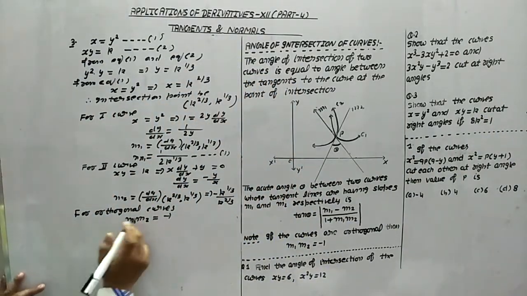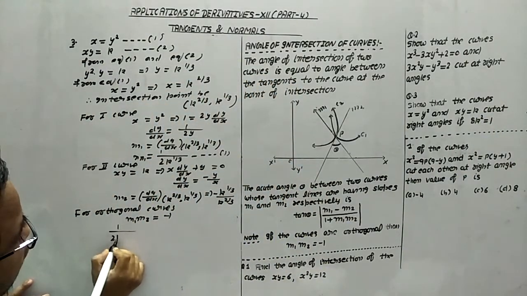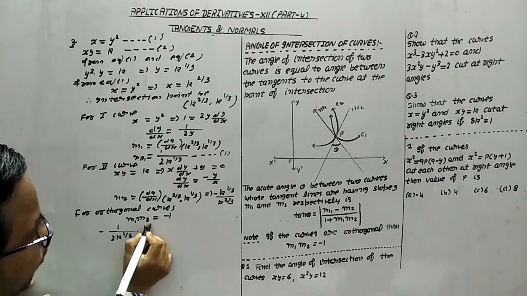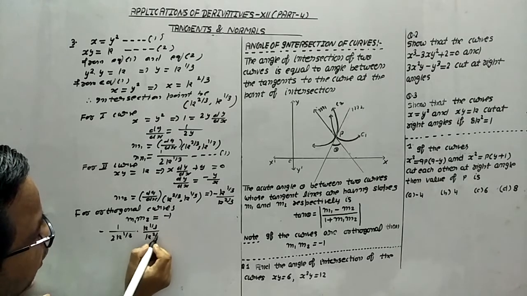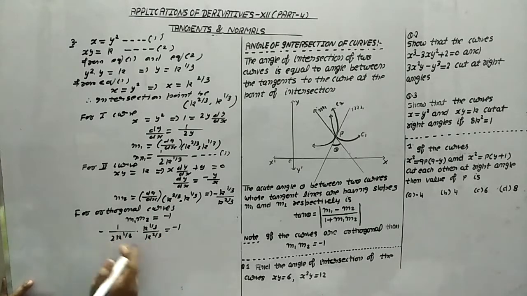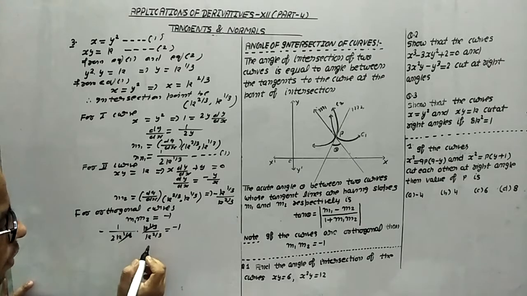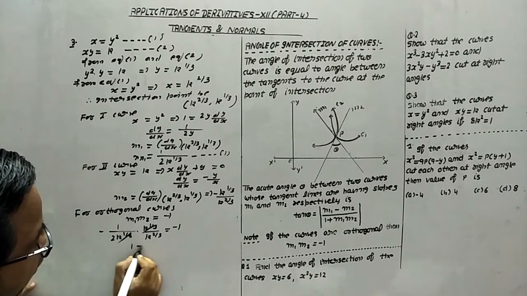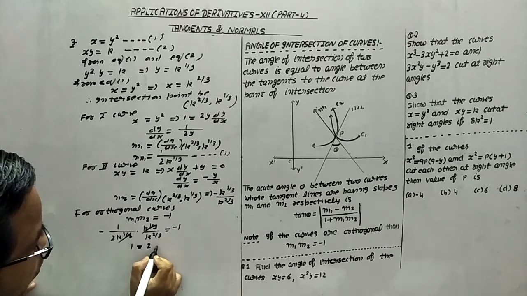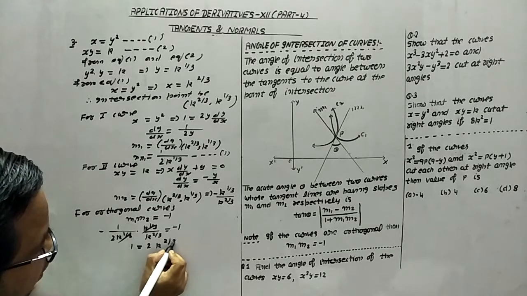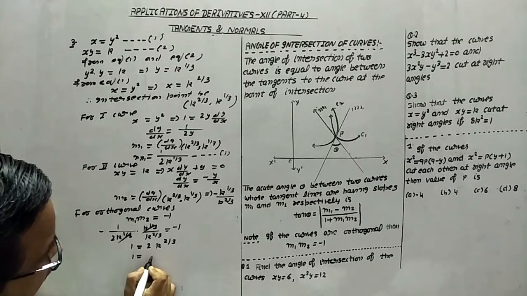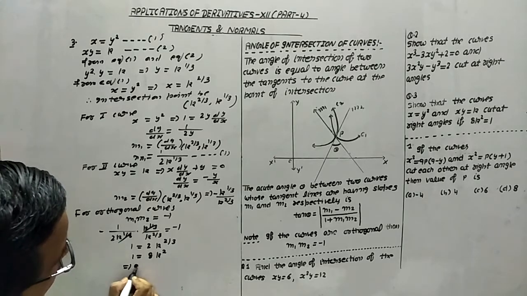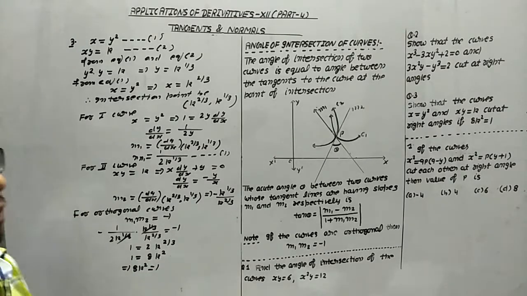Now m1 is 1 upon 2 k raised to power 1 by 3, and m2 is minus k raised to power 1 by 3 over k raised to power 2 by 3, and the product is equal to minus 1. Minus minus cancel out, and this cancels out. It means 1 is equal to 2 into k raised to power 2 by 3. Cubing both sides, 1 is equal to 8k square, and this is the answer: 8k square is equal to 1.